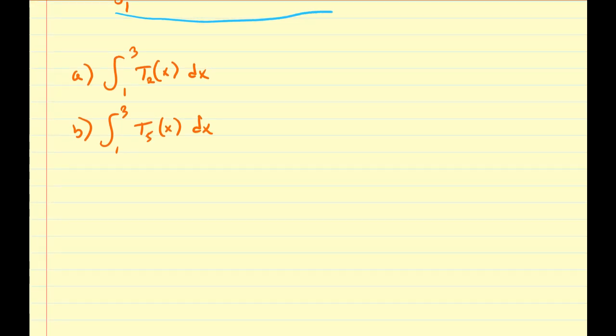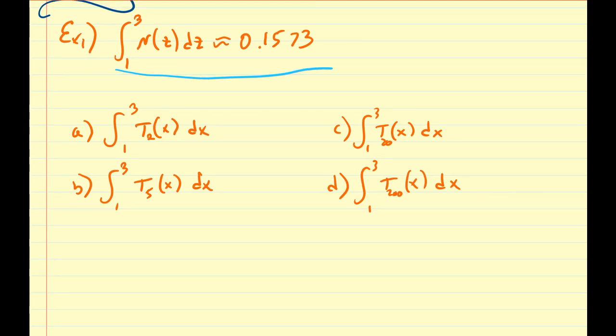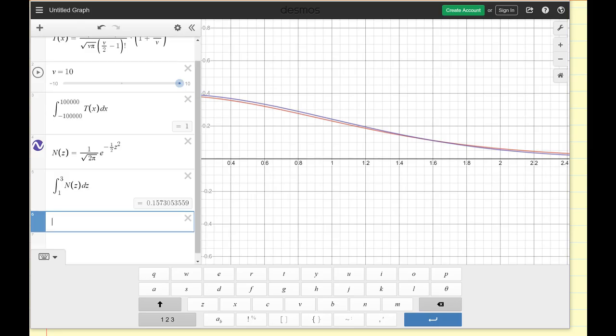And then we're going to look at the same integral, 1 to 3, of the t distribution with 20 degrees of freedom. And we're just going to jump to something really large, say 200, and see what happens to these values as the degrees of freedom approaches infinity. All right, so let's do that.